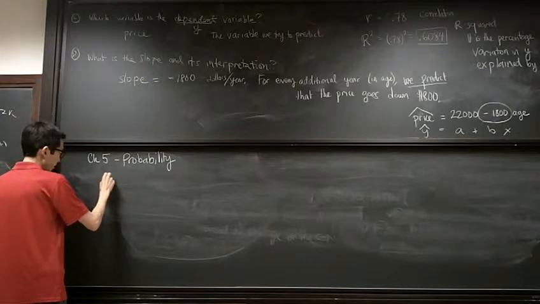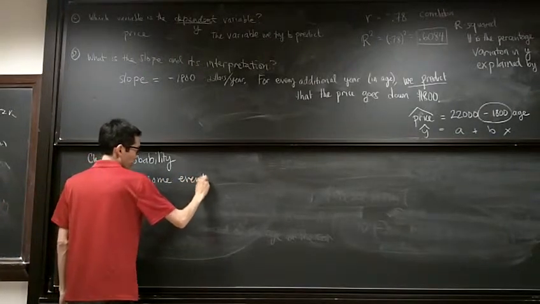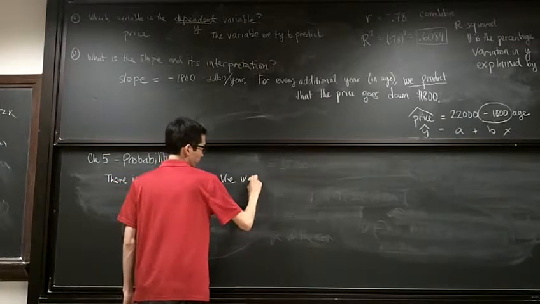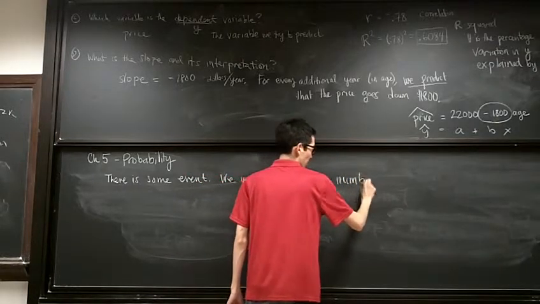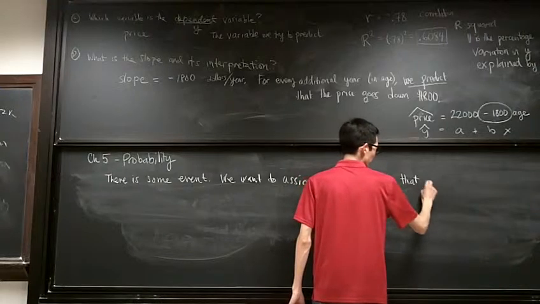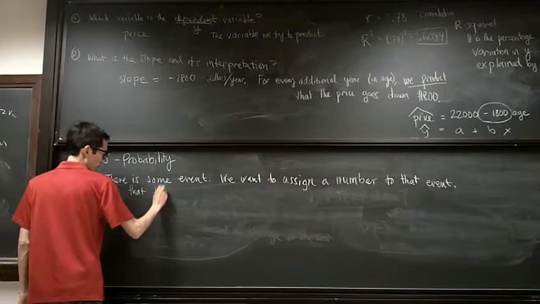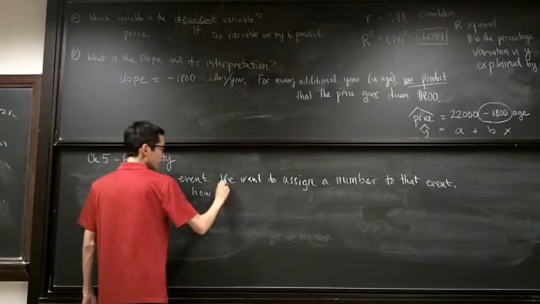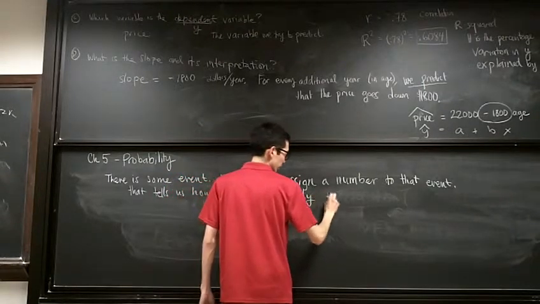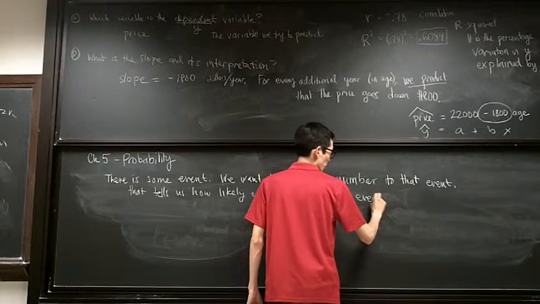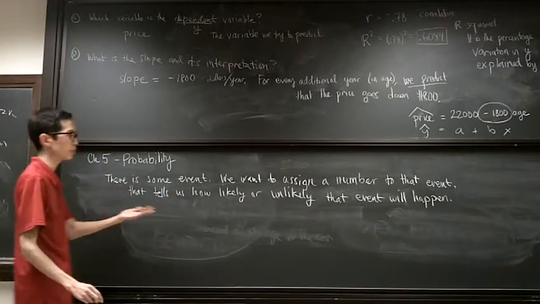So there's some event, and we want to assign a number. That number is known as the probability of the event.